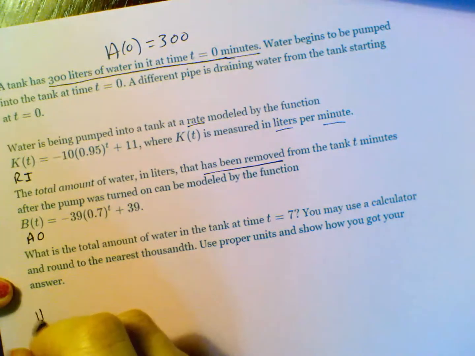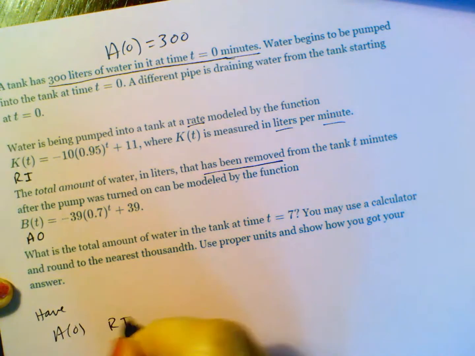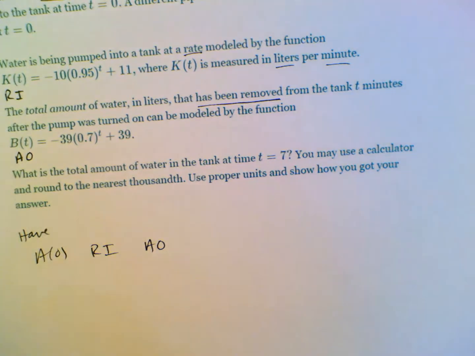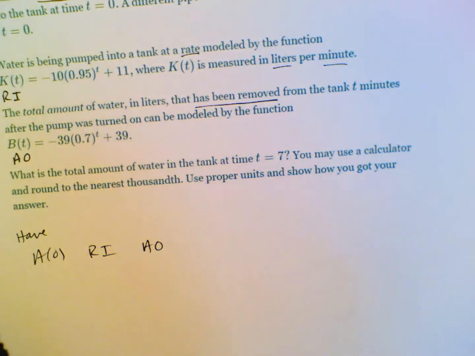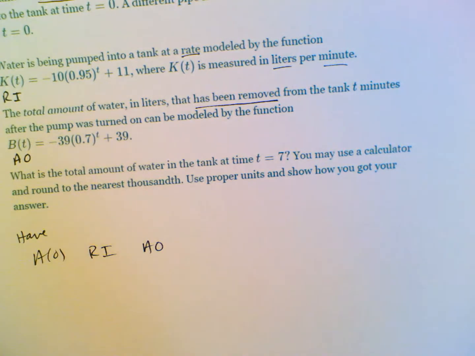So let me think of what I have. So this is what I have. The things I have are the initial amount, and then I've got the rate in, and then I've got the amount that has come out. Functions for each of these things at certain times. But I want the total amount of water in the tank at t equals 7.